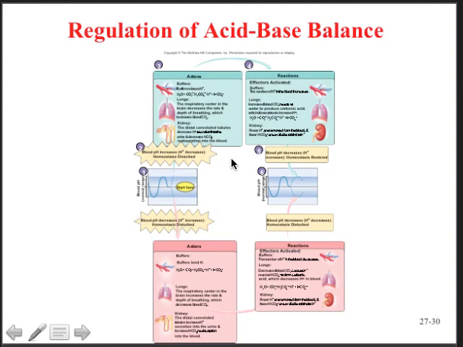Now, if we look at the flip side of this equilibrium, what we see here is a change in pH, and what's happening in this case is that the pH is beginning to decrease, so we have to take action to elevate the pH.